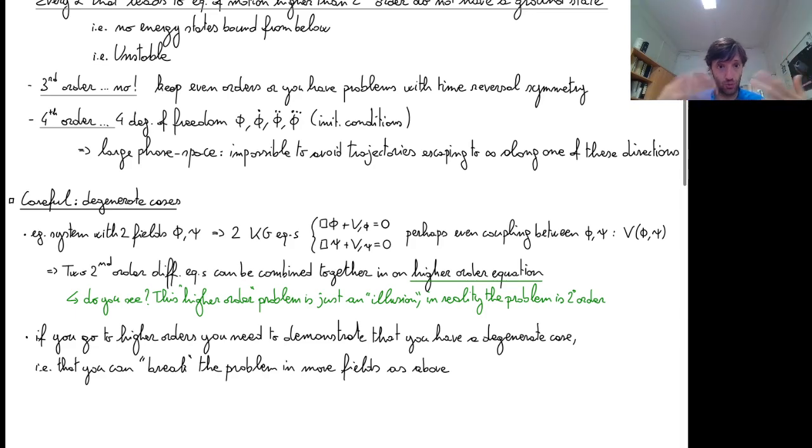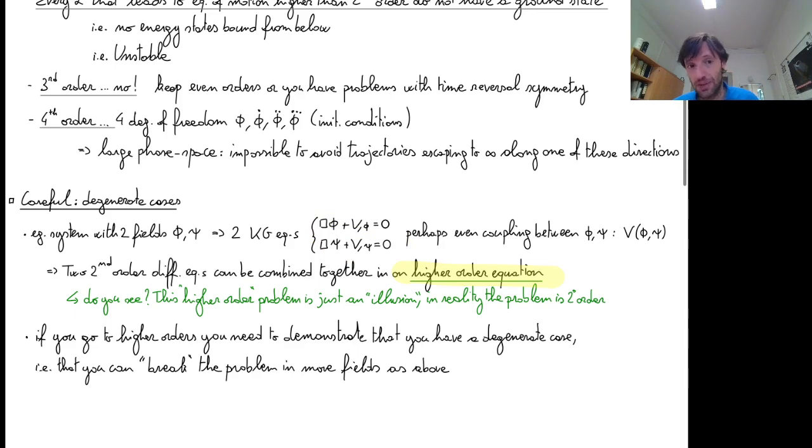You see, you can go in one direction or the other. Therefore, you understand that there is an equivalence between a higher order differential equation, of order higher than 2, and a set of differential equations with lower orders. Therefore, it doesn't mean that higher order is necessarily bad.